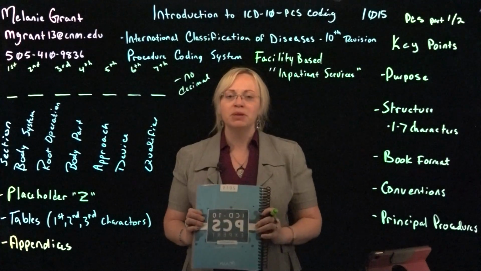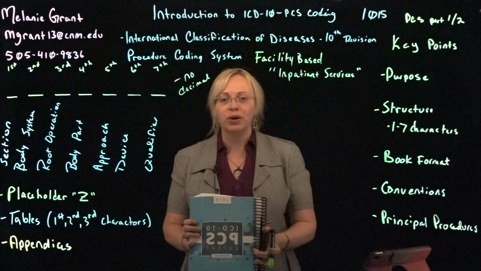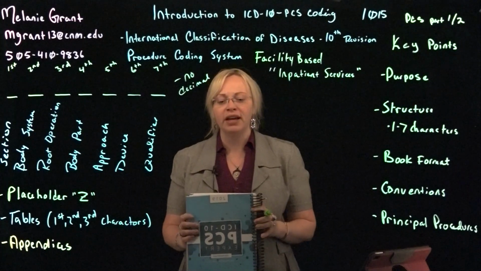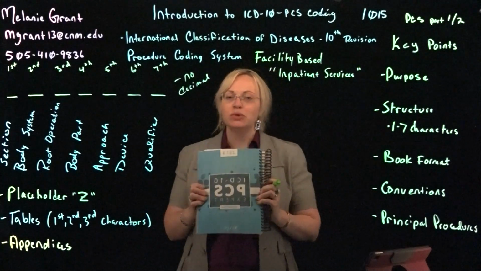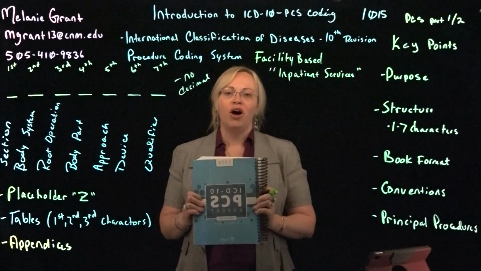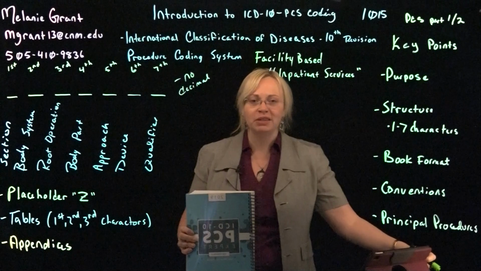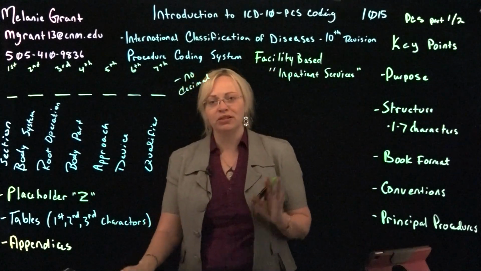We recommend this because this one is the one that's going to be used during your 2021 class, although you can get any edition or publisher that you like in the 2019 edition. I personally like this one because it comes with a few extra tips and tricks from AAPC on both exam prep as well as some of the anatomy that you'll find in PCS coding. So I'll show some of that to you here later on.